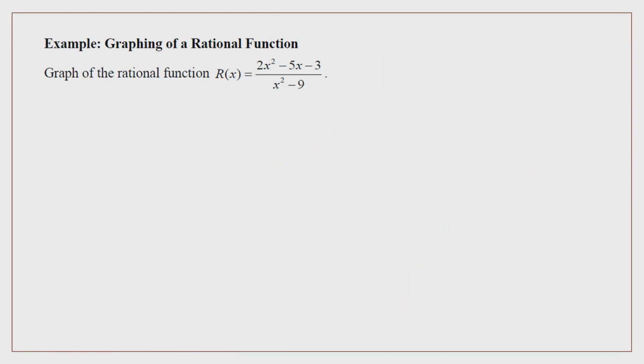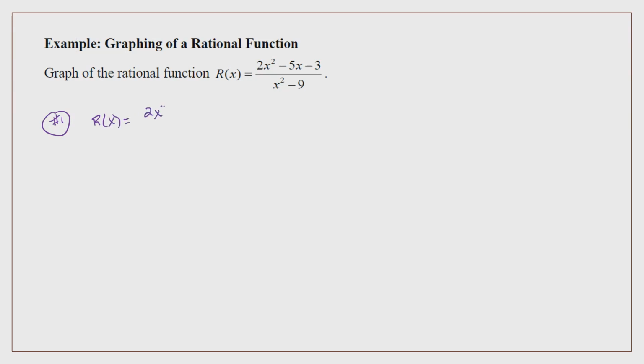Okay. So now we're asked to graph this rational function, 2x squared minus 5x minus 3 divided by x squared minus 9. So for step number 1, we are going to factor r of x.